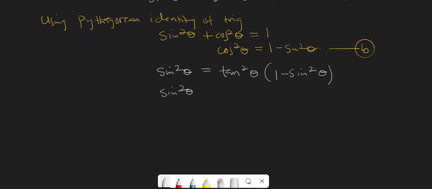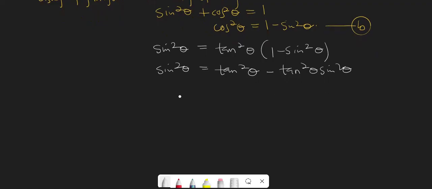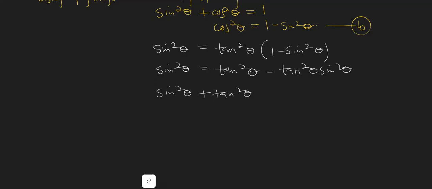We can simplify this one out. Sine squared theta is equals to tan squared theta minus tan squared theta sine squared theta. You can bring that term to the left hand side, so that should be sine squared theta plus tan squared theta sine squared theta is equals to tan squared theta. You can factorize sine squared theta out because it's common.